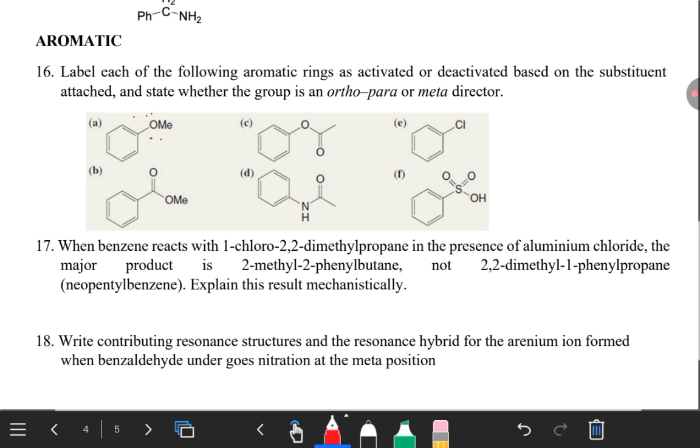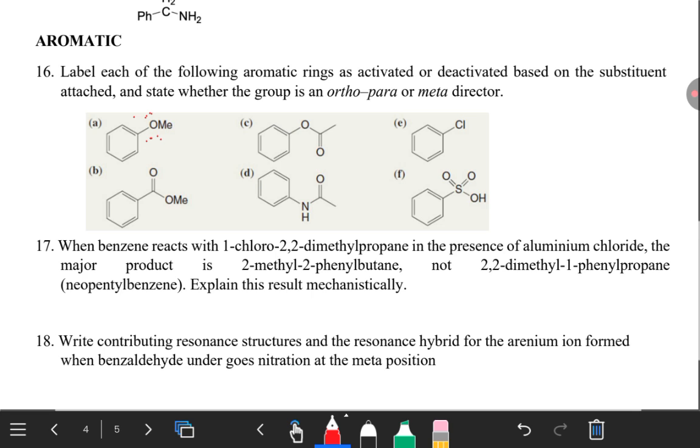For this oxygen, we can see that it has some lone pairs of electrons, meaning that it can add electrons to this ring, which is the phenyl or benzene ring. Because it adds electrons, it is able to activate the ring.